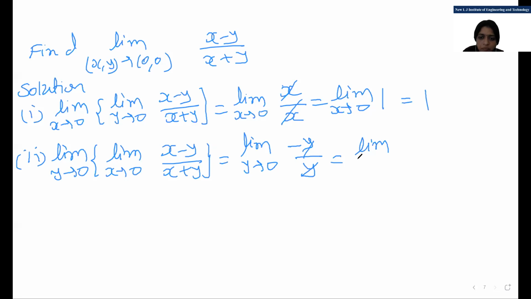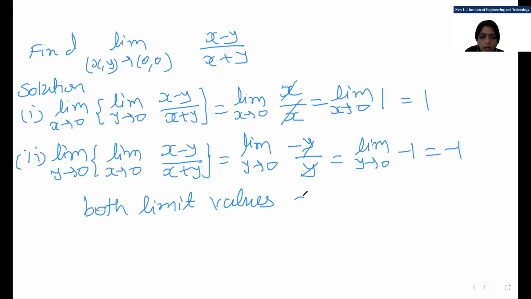So limit y tends to 0 of minus 1, right? And the answer is minus 1. As both our answers are not equal, both answers are different, right? Both limit values are not equal. That's why limit does not exist.